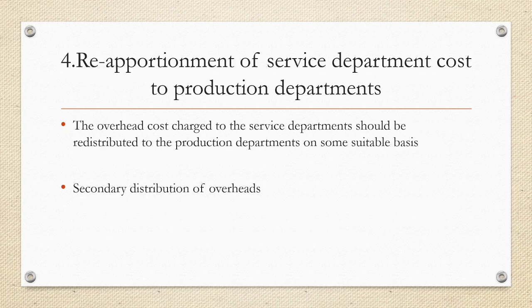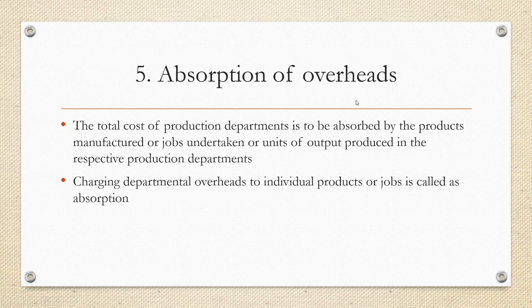Our second chapter is the secondary distribution of overheads, which is the reapportionment of service department cost to the production department. And our third chapter is the absorption of overheads. Herein we will study the different methods used to absorb overheads to the units produced or the cost centers. Thank you.